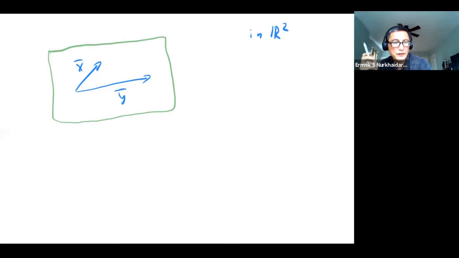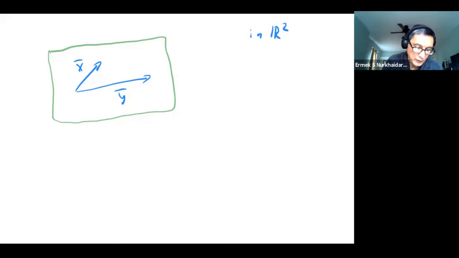So if you pick two vectors x and y, you can always find a plane which holds them. Okay, so we can always pretend we're working in R2.